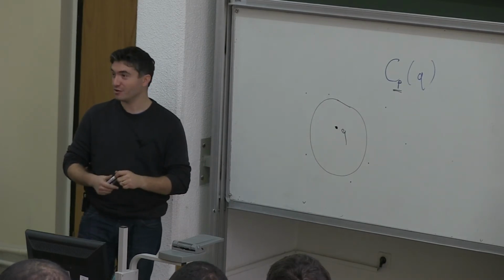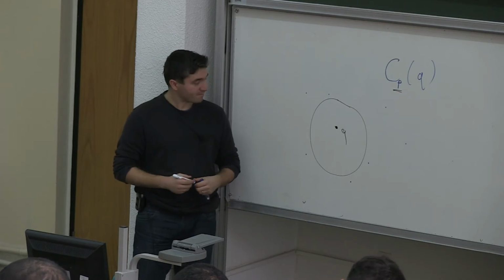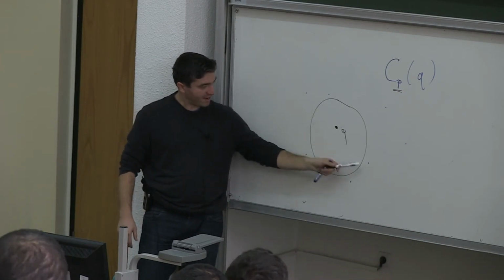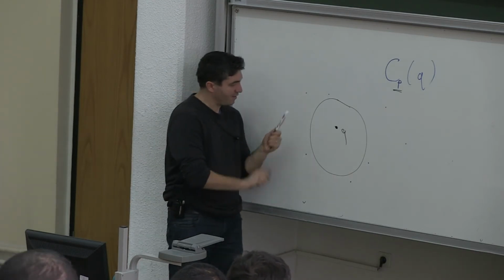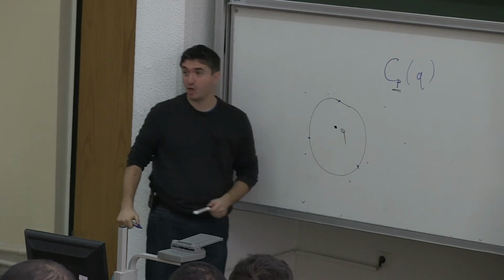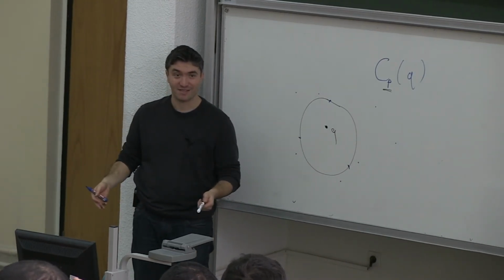So why is that? The proof of it is intuitive actually. If 3 sites are on the boundary of this circle, what does it mean? It means that Q is equidistant to all these 3 sites, right?